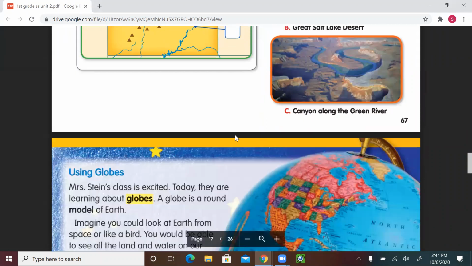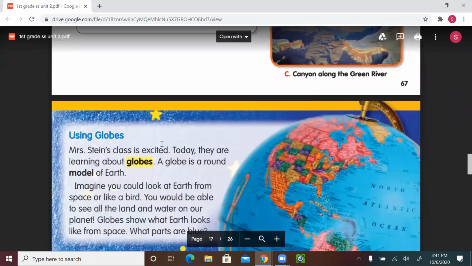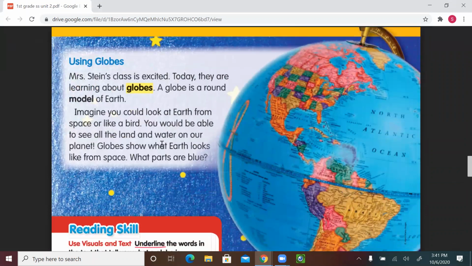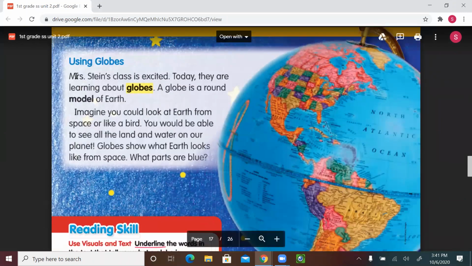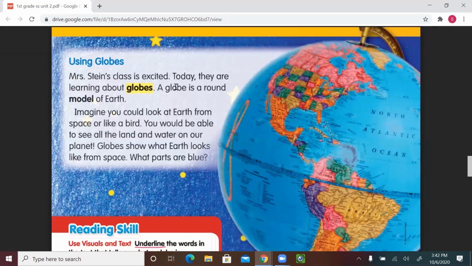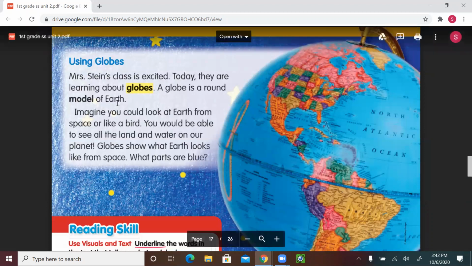Okay, let's go to page 68 and start with using globes. Mrs. Stein's class is excited. Today they are learning about globes. Remember, a globe is a round model of Earth.